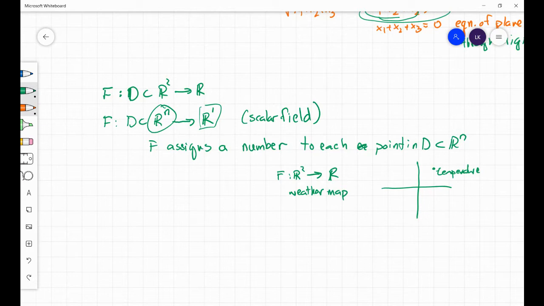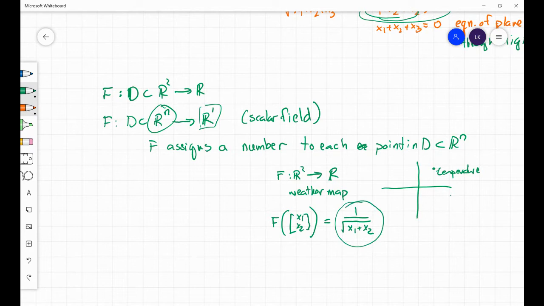So an example might be, for each point in the plane, let f be 1 over the square root of x1 plus x2. So you see that for each point in the plane, the output is a number given by this rule.